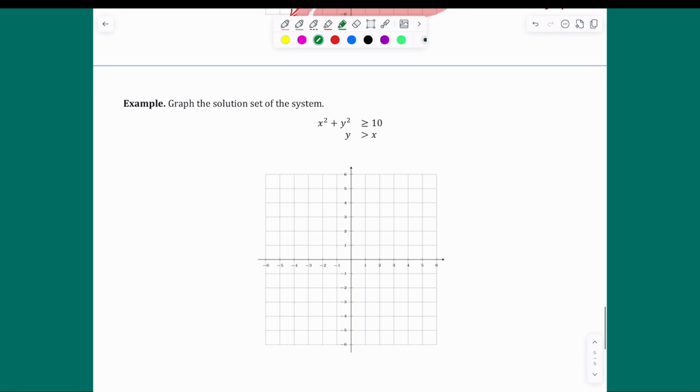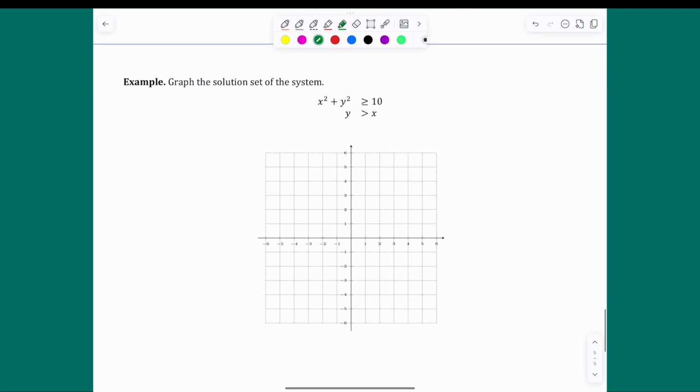Next example. Graph the solution set of the system x squared plus y squared greater than or equal to 10, y greater than x. Okay, so let's go ahead and do the first one in blue. So x squared plus y squared equals 10.